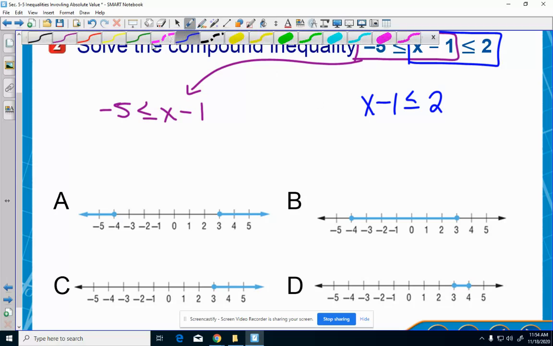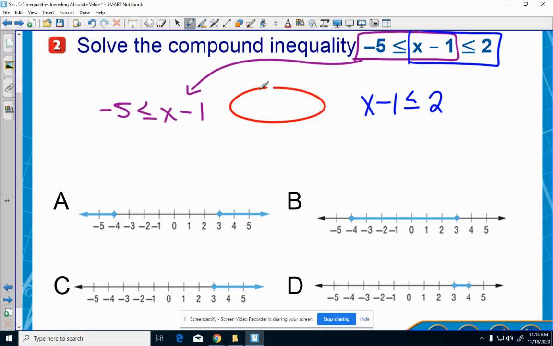And there should be a word in between those two right there. Yes, ma'am? What's the word? It's got to be an and. Okay. These two inequalities are written together. And so therefore, this is an example of an and compound inequality.